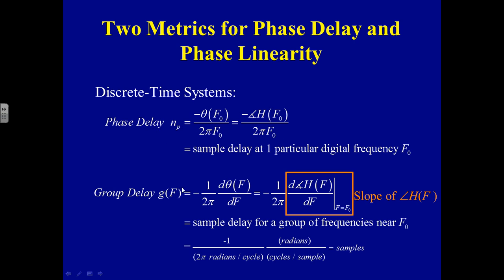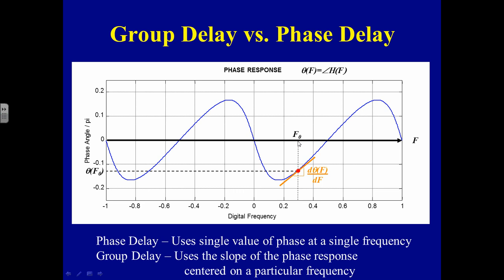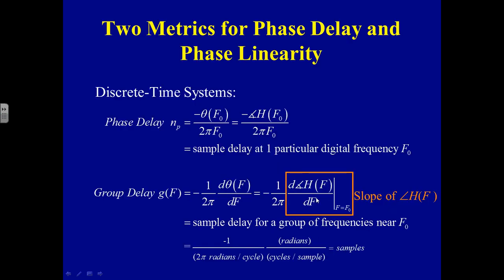If I wanted to know the group delay, I would again go to that same frequency, but instead of picking off the particular phase value, I'd look at the slope of the phase curve at that frequency, d theta df, take that slope value and plug it into the group delay formula, divided by 2 pi f, with a negative sign out in front, and that would be the group delay. So we can think of the group delay as representing the equivalent time shift that particular frequency is experiencing, whereas the phase delay is really a pure phase measurement.